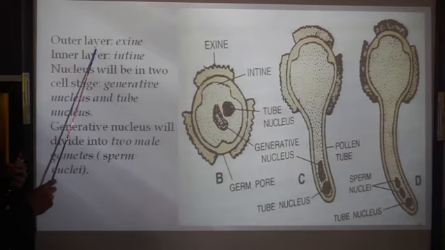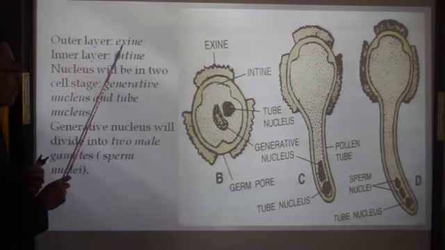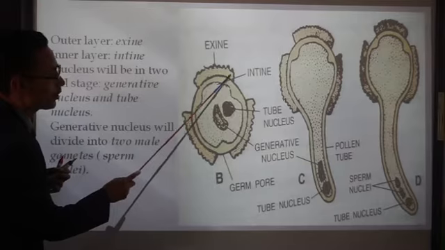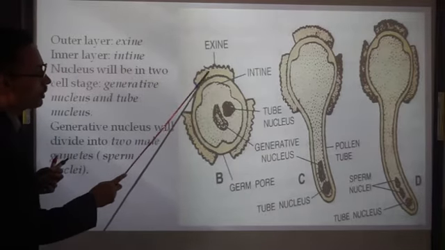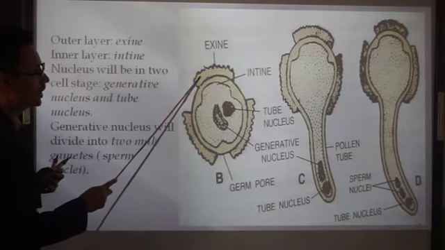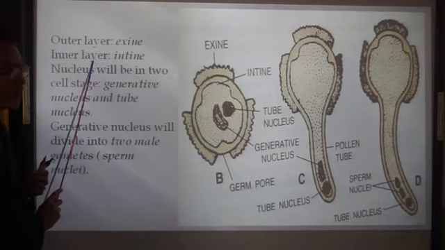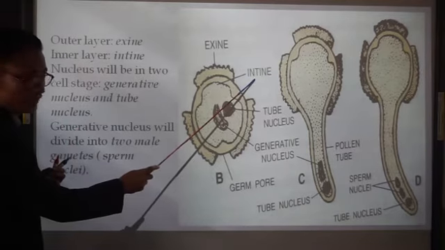The outer layer of the pollen grain is called the exine. So you can see over here, this is the outer layer of the pollen grain. The outer layer is called the exine, and the inner layer of the pollen grain is called the intine. Okay.